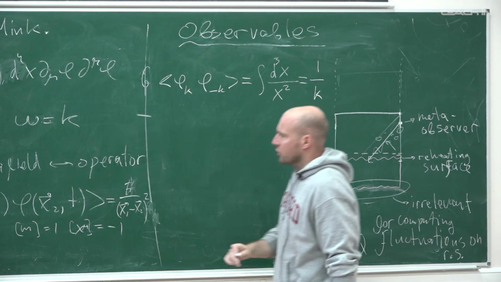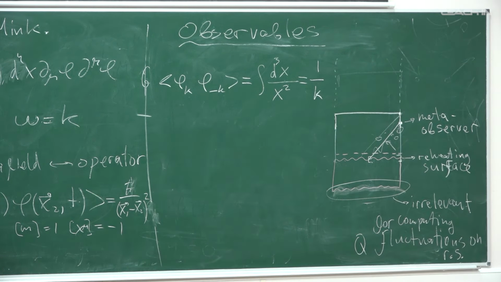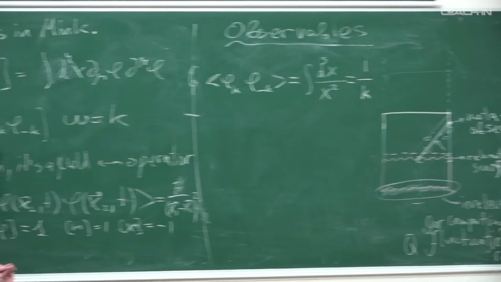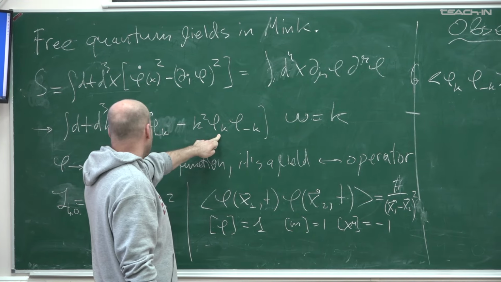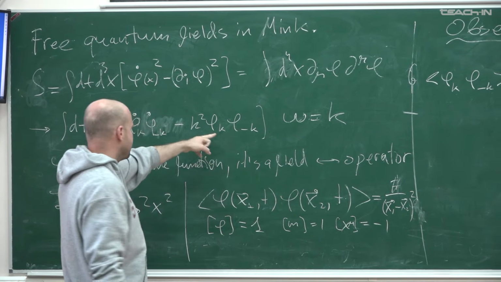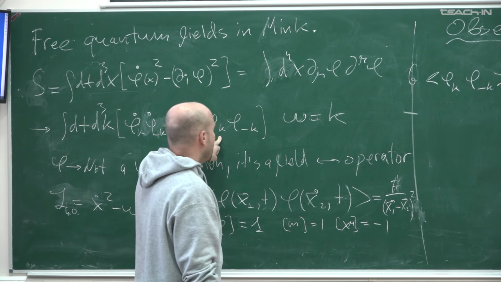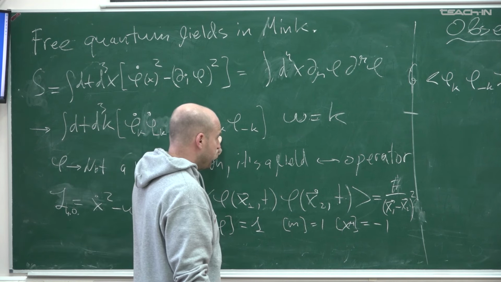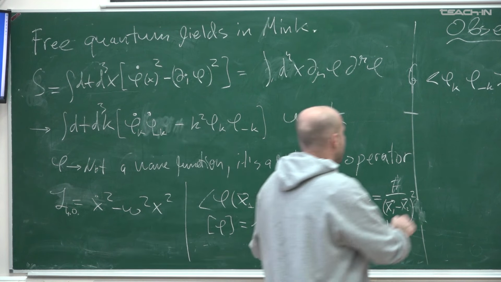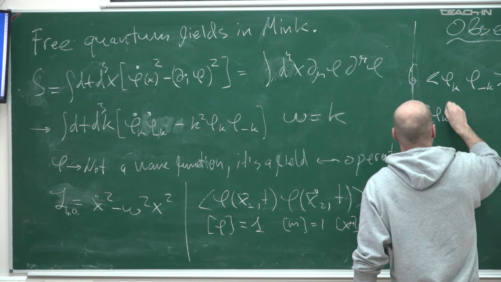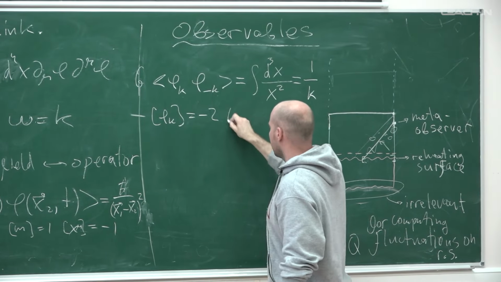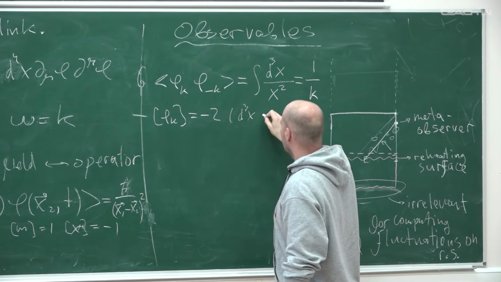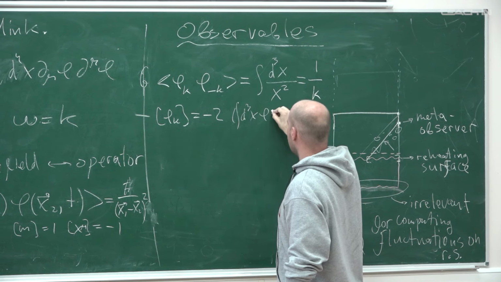We can also check from here. It's a little bit subtle. So from here, what is the mass dimension of phi k? Phi k is an integral, d3x, integral d3x of phi of x.